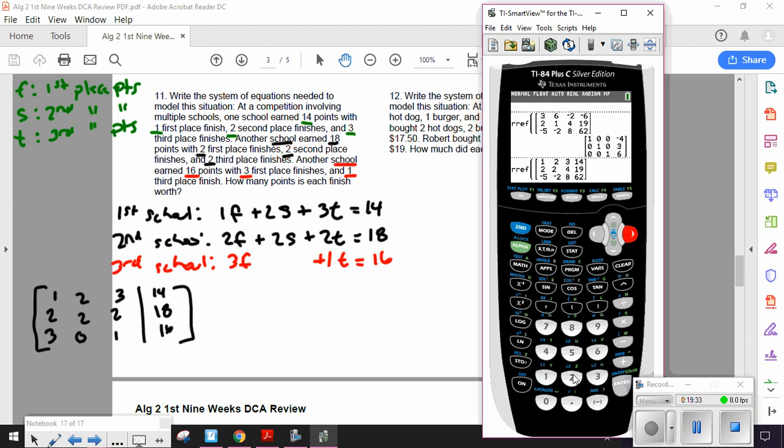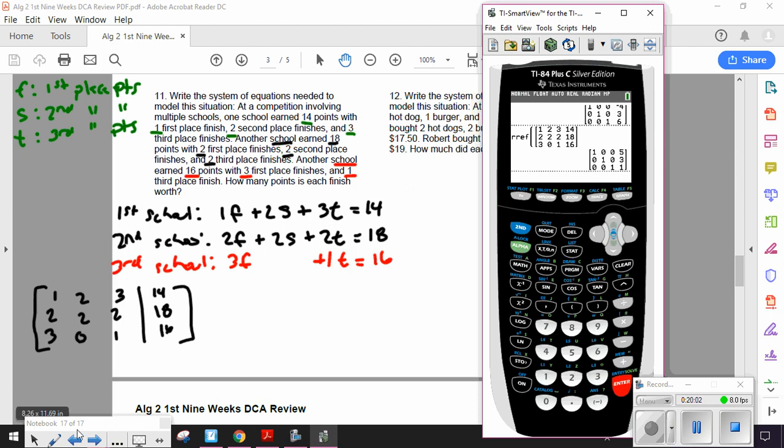We need another 2, another 2, change that 9 to an 8. We need to delete the negative, and put 0, 1, and then 16. Everything looks good. Hit enter.